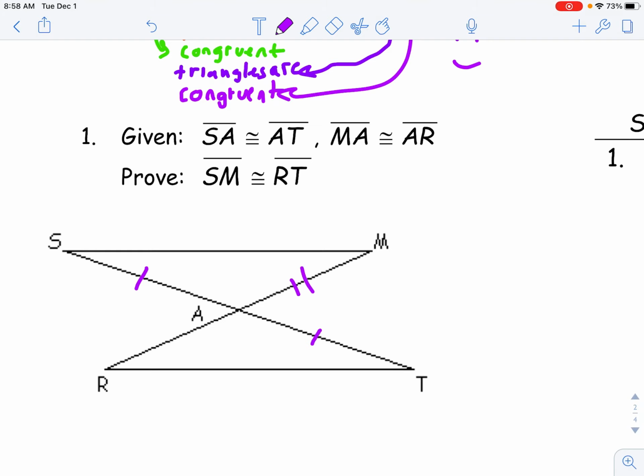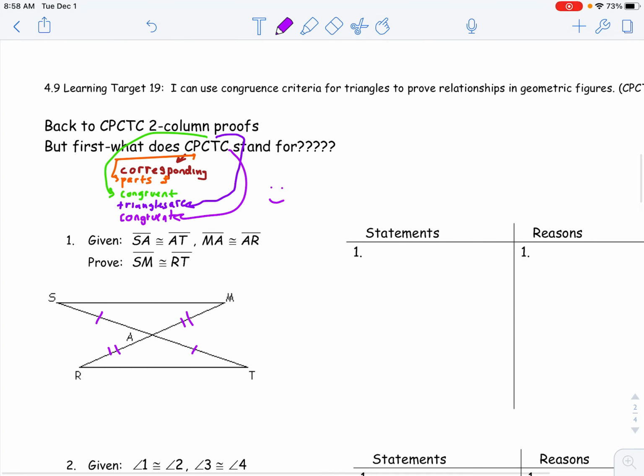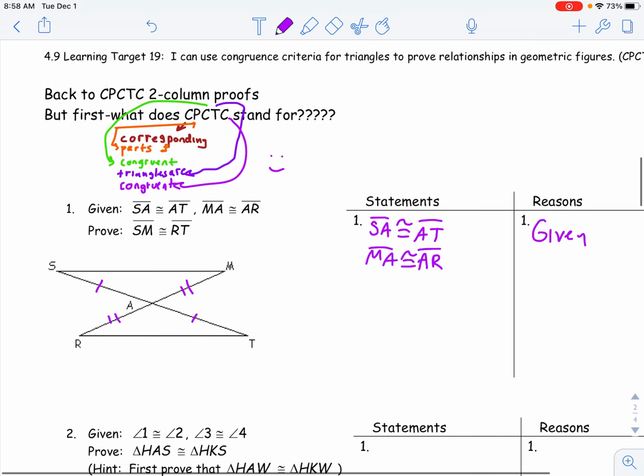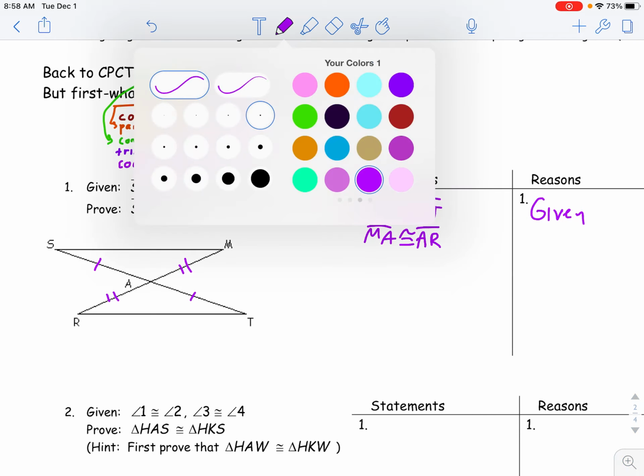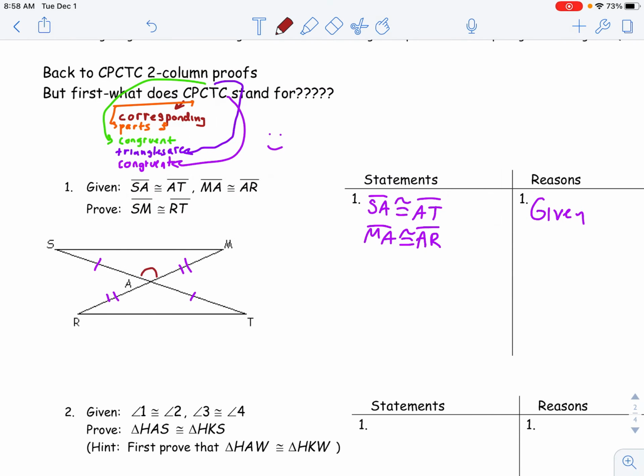S-A. M-A-A-R. So let's write this out. So we have these congruent sides. What else? Vertical angles.